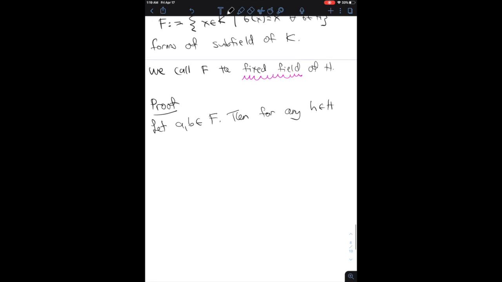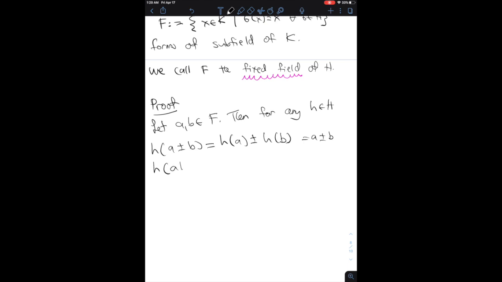So let A and B be two elements in the set F. Then, for any h in H, we have h of A plus or minus B equals, well, h is a homomorphism, so it's going to be hA plus or minus hB.